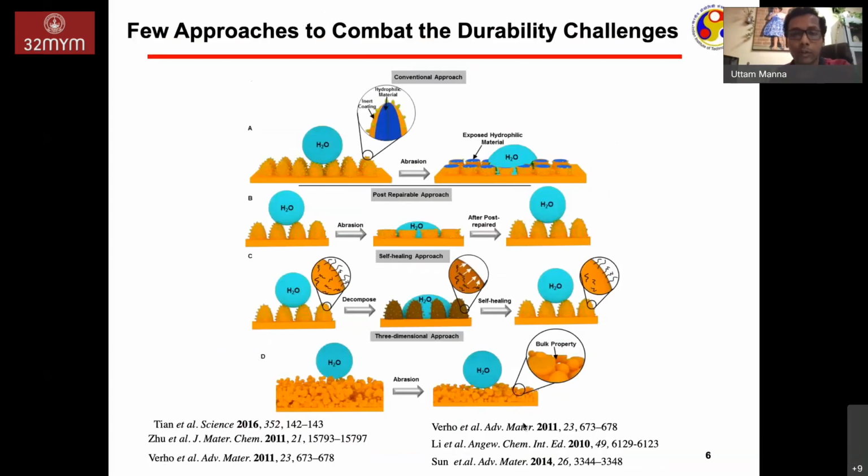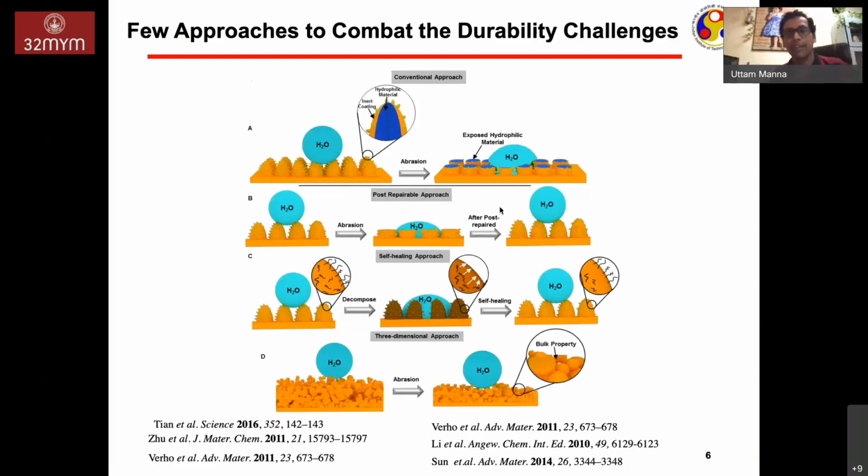So over time, you can see different kinds of approaches were introduced, like the post-repairable approach, where the concept is you have a damaged interface, then you can rebuild the topography and optimize the chemistry again. That means you are refabricating the same thing again on a damaged area, which realistically is not possible at all locations, right?